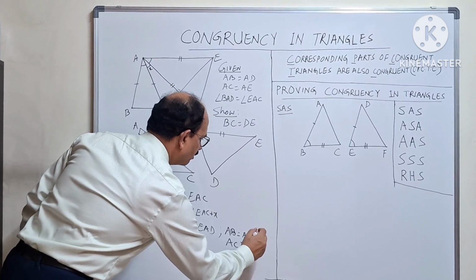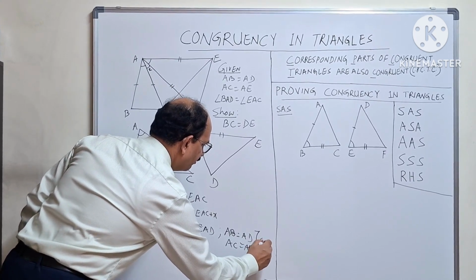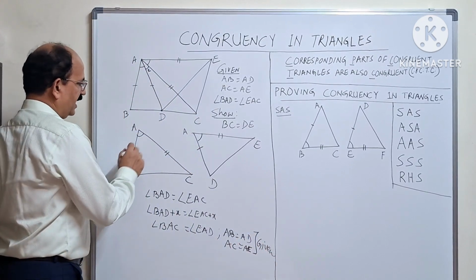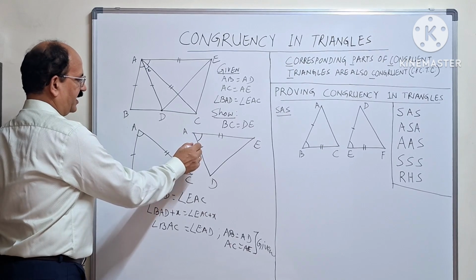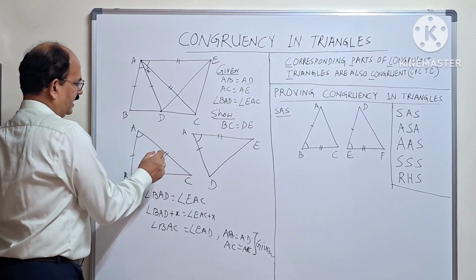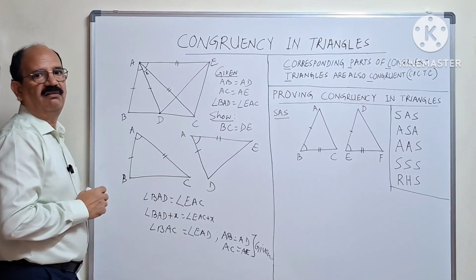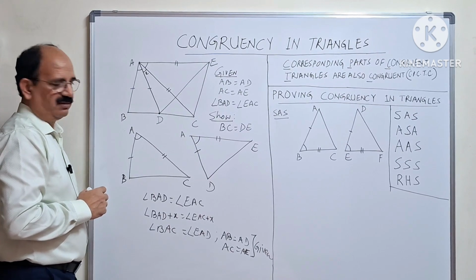Both these are given. One side is equal to the side in the other triangle, the second side AC is equal to AE, and the intervening angles are equal.